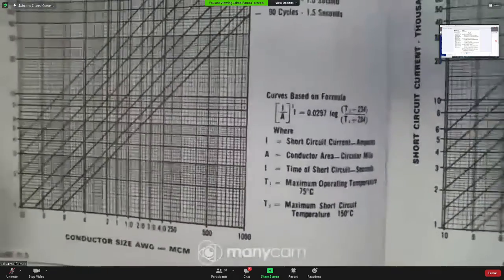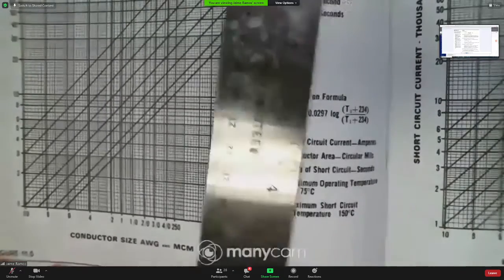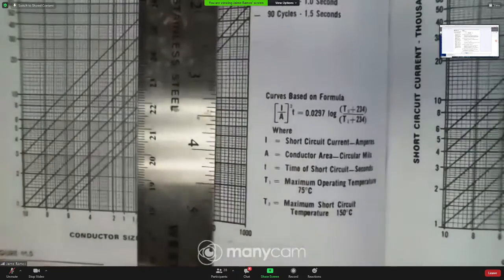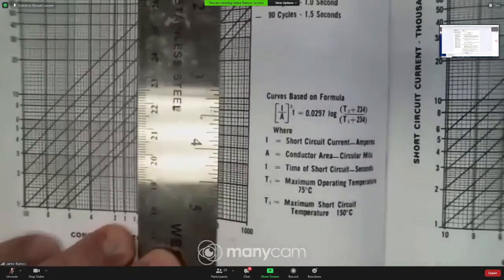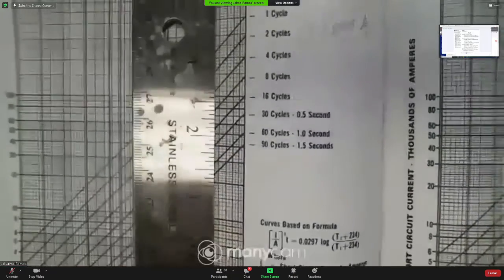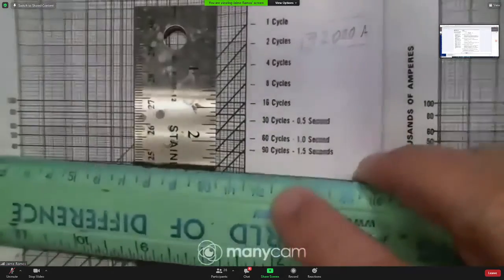So here is figure 1.5. We go up on 1.0 here. The second graph, we need to look at the second graph, which is 2 cycles. The second graph is this.